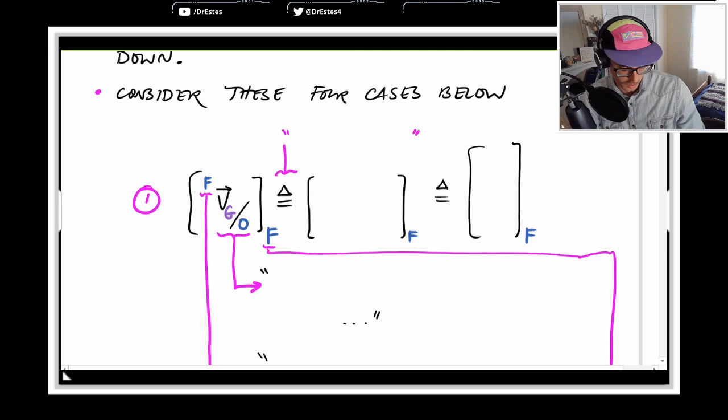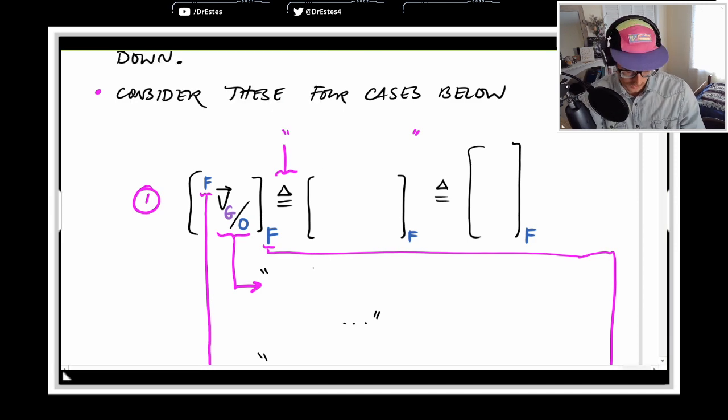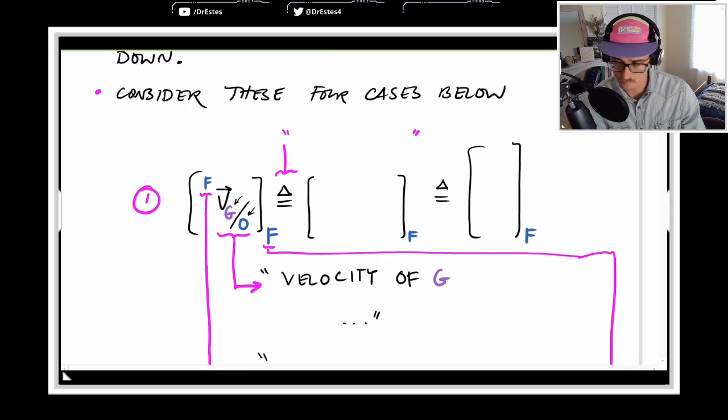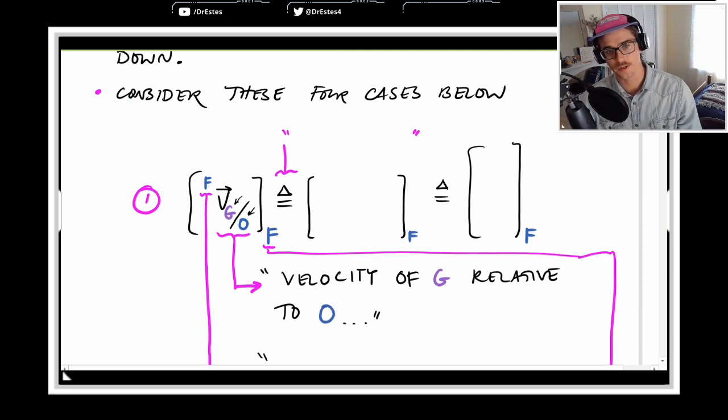Okay, so let's start with this right in here. So this velocity g relative to O, so let's write it in here. This is the velocity of the CG of the aircraft, which is at G, relative to O. And O is the origin of the fixed frame.